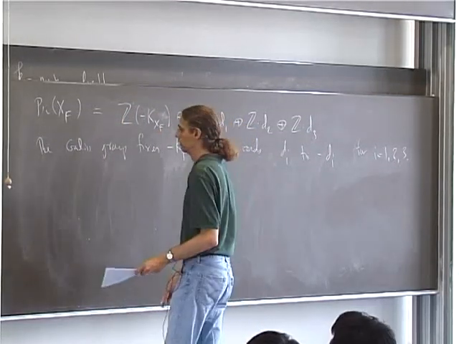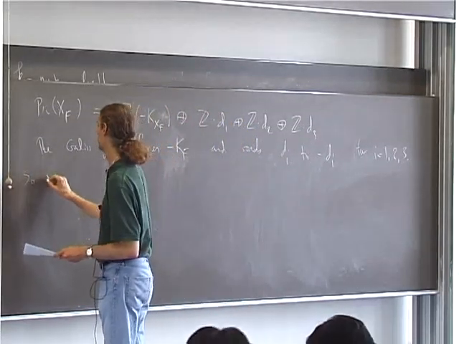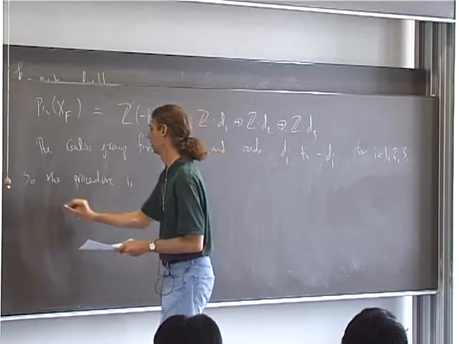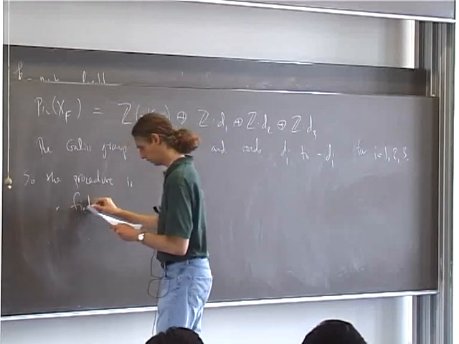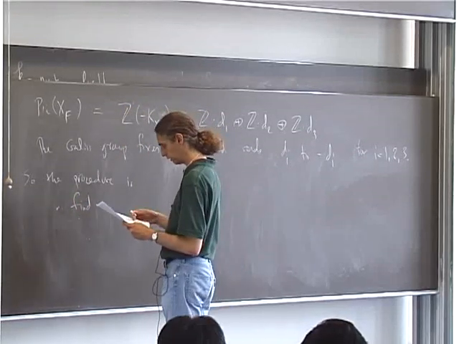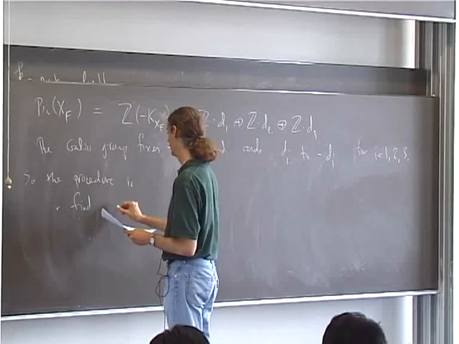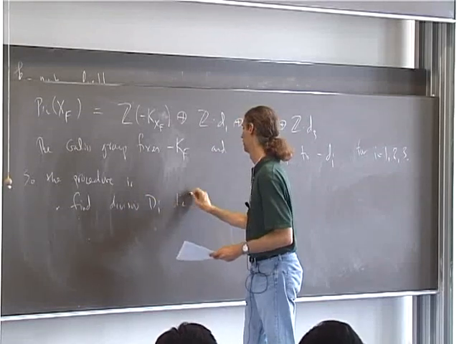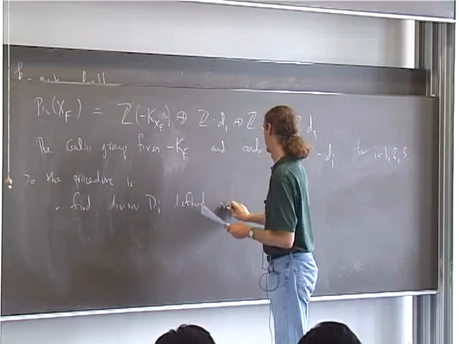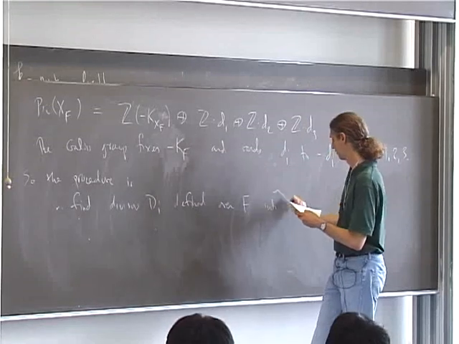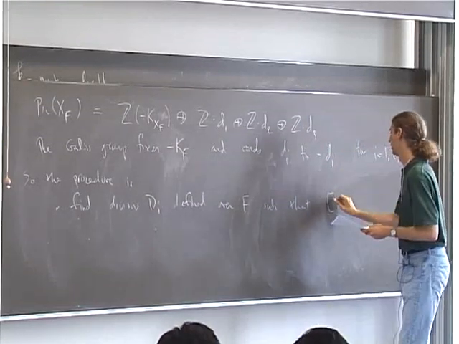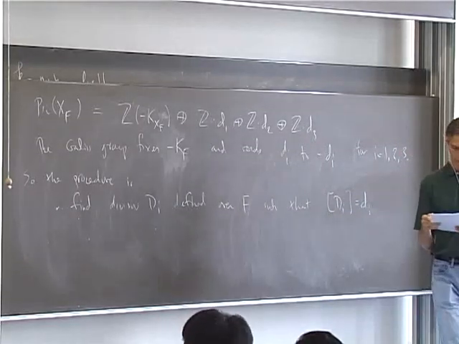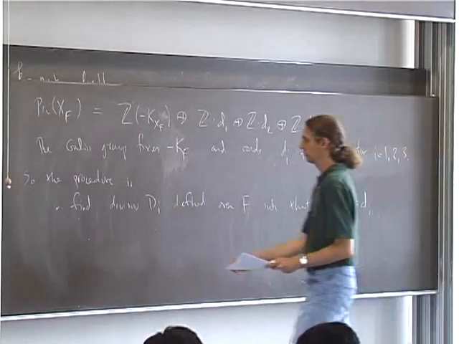Okay, so the procedure: what do we want? Find a divisor, and then find a rational function.